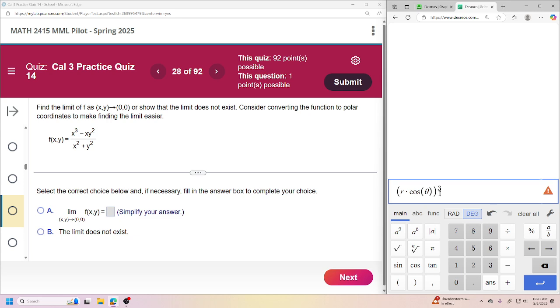Minus, and then I'm going to have an r cubed again times cosine times sine squared. And then all of this, I have to go back and do another parentheses here. All of this divided by, and if you notice, isn't it just r squared in the bottom?